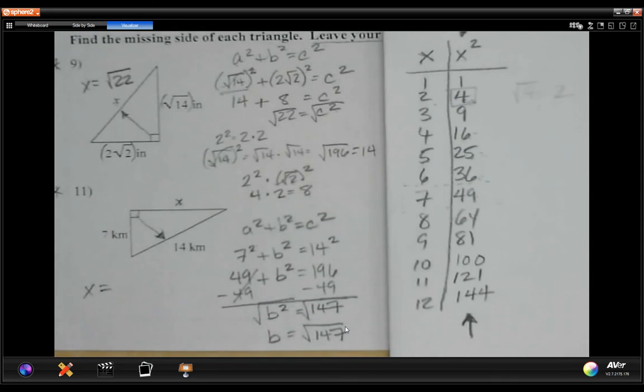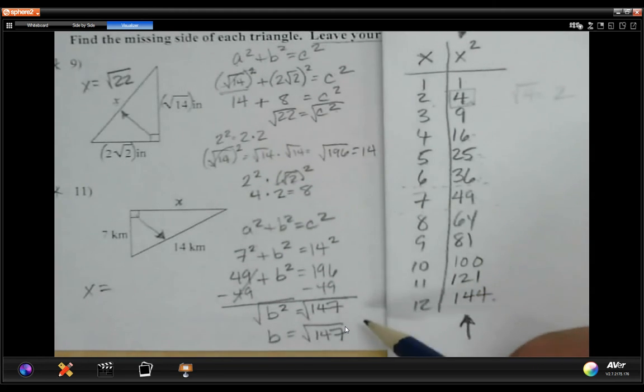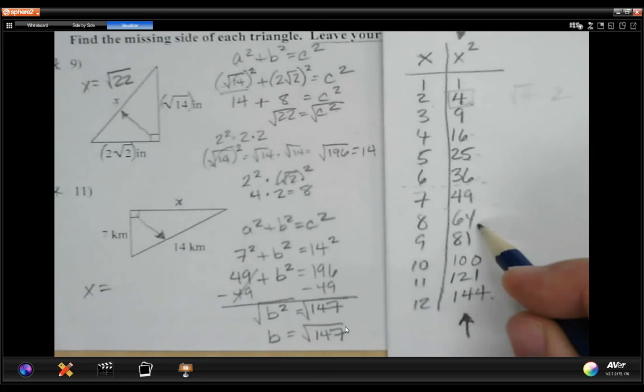And again, just looking at it initially, we think, oh, no, I'm never going to find anything that's going to go into 147. Well, believe it or not, we would always start at the number closest to it. 144 is not going to go into 147. And we can pretty well see that these bigger numbers are not going to go into 147 evenly because it's just too big of a number, right? So let's go back here to maybe 64.